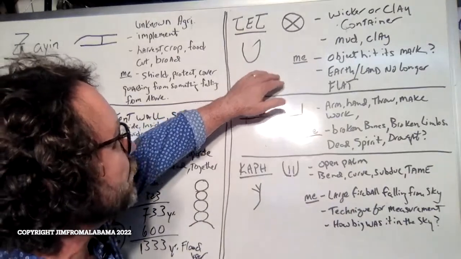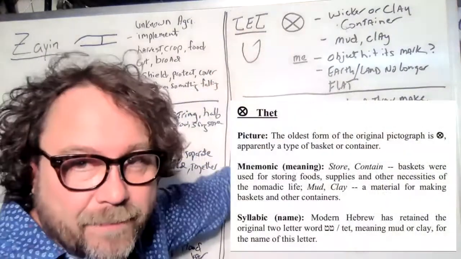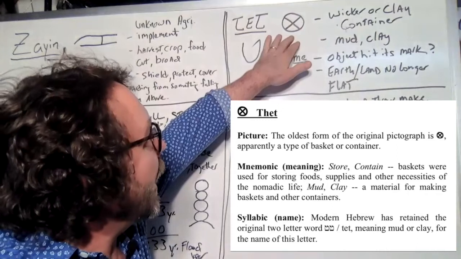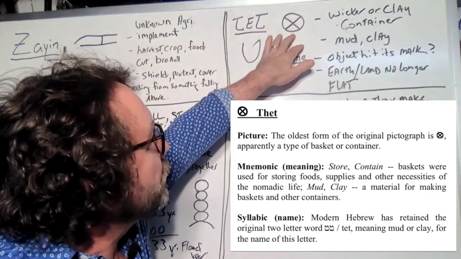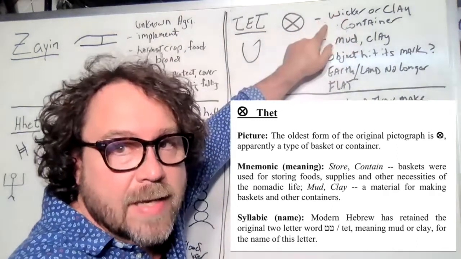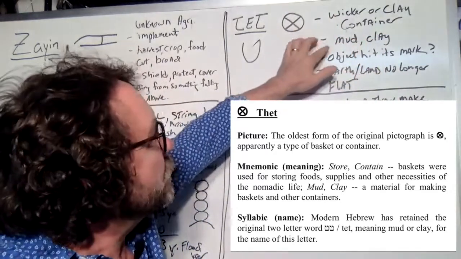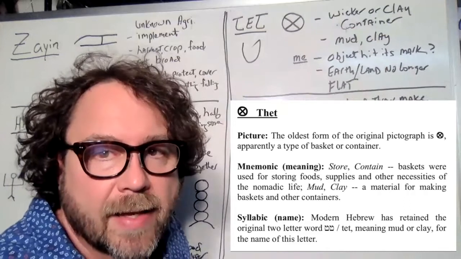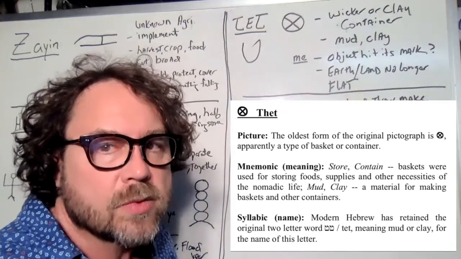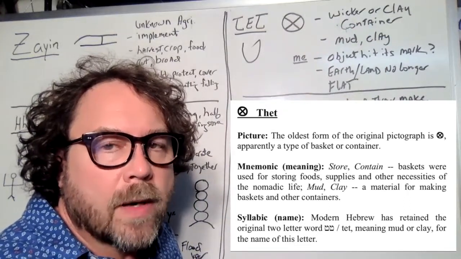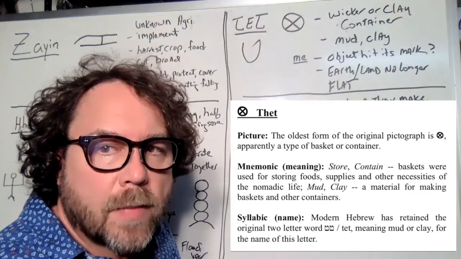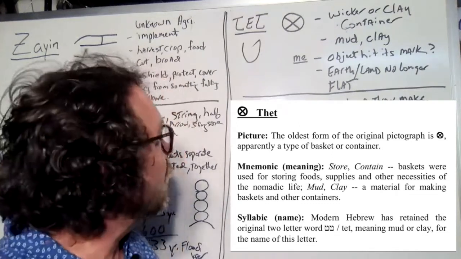Okay, so this next one is tet. In Mr. Benner's book, he has this as a wicker or clay container, and this means mud or clay. Now I can see how this one would be related to mud and clay and everything.